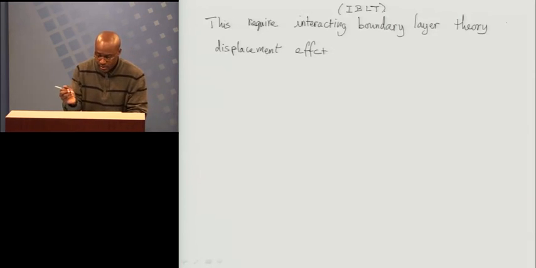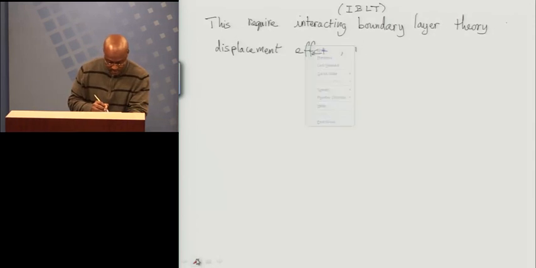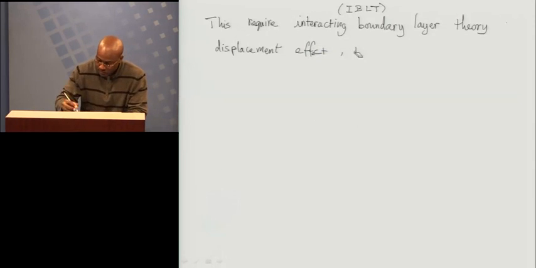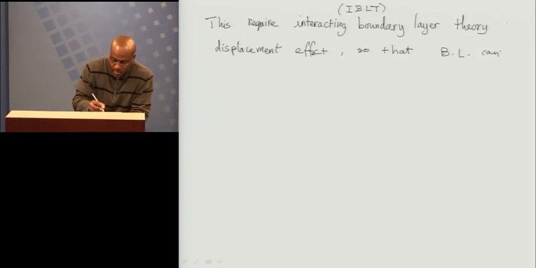Right. So it requires some type of theory to figure out that displacement effect, to see how the boundary layer adjusts itself. So boundary layer theory, displacement effect, so that the boundary layer can modify that edge.